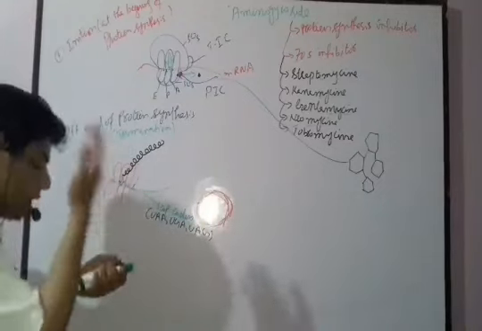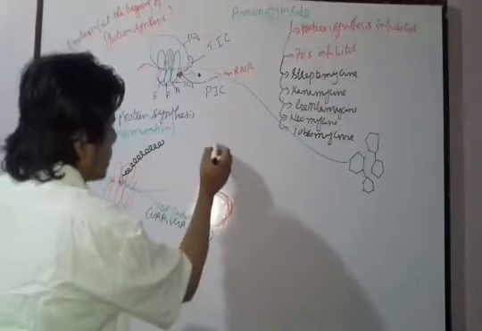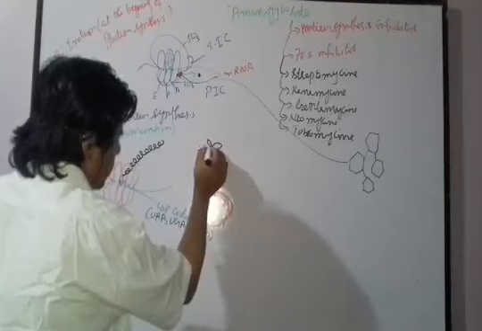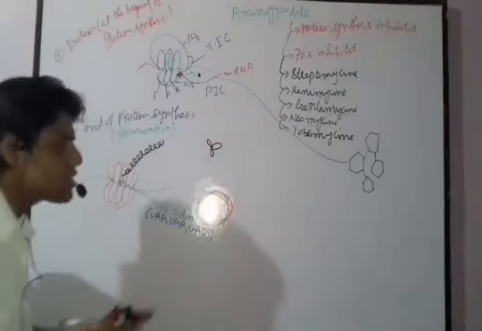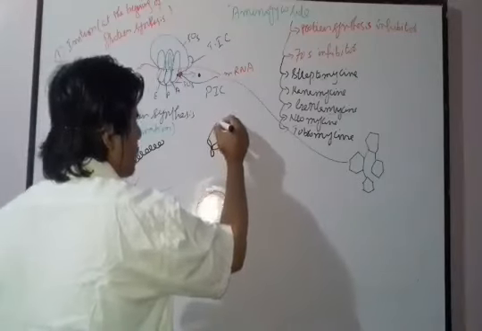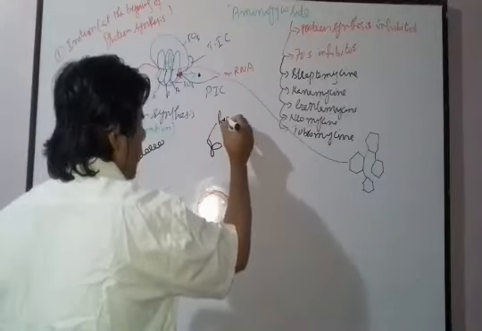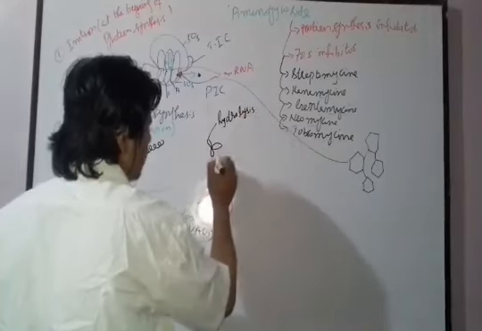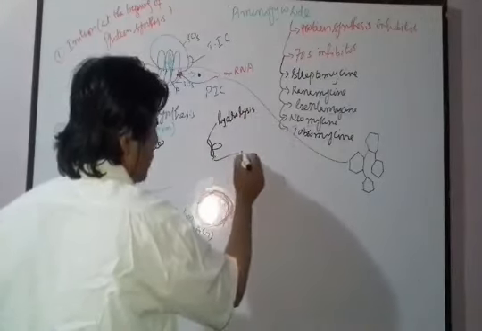the release factor comes. So let's suppose this is a release factor. Let me draw it in this form. This release factor will have two domains. This one is actually responsible for hydrolysis, and this one is actually the anticodon.